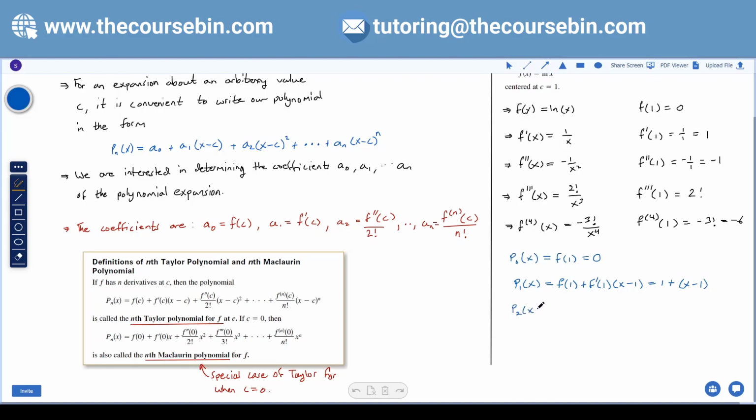Okay, so now we can do P2 of x. This is f of 1 plus f prime at 1 times x minus 1 plus f double prime at 1 over 2 factorial times x minus 1 squared. Right, so let's write out what this comes out to be.